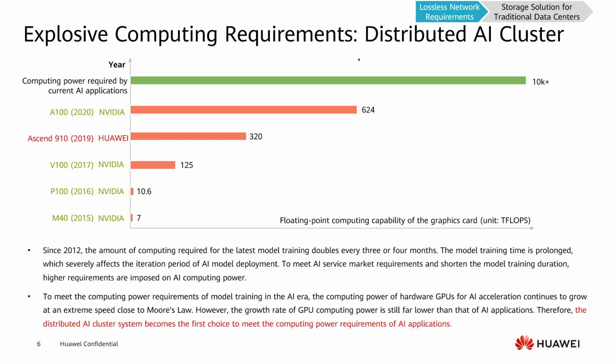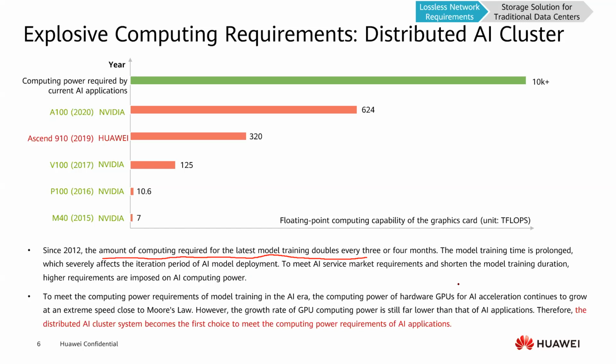Since 2012, the amount of computing required for the latest model training doubles every 3 or 4 months, and the model training time is prolonged, which severely affects the iteration period of AI model deployment to meet AI service market requirements.